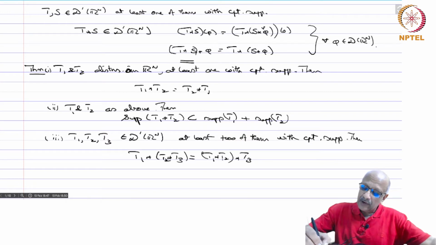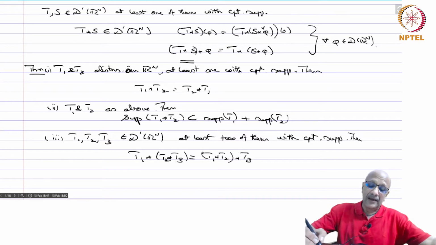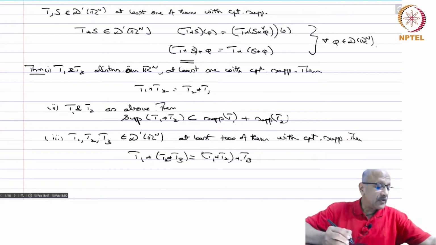Now, T2 has compact support, and therefore this distribution, and then T3 has compact support. So, I can do the convolution. So, you can check with any of them, any two have compact support, then both sides are always defined.